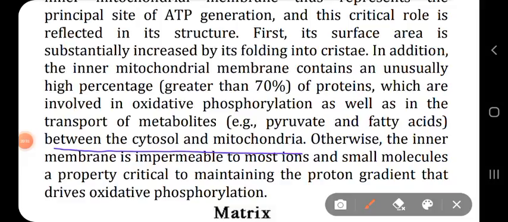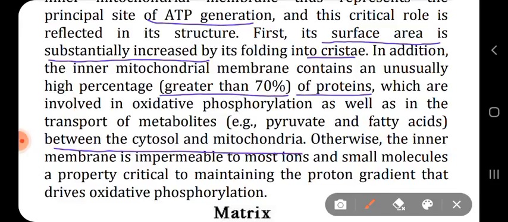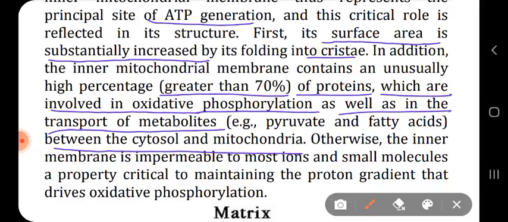So why is the inner mitochondrial membrane the site of ATP generation? First, its surface area is quite large because of the cristae. Secondly, more than 70% of the proteins involved in oxidative phosphorylation, as well as the transport of metabolites, that is pyruvate and fatty acid, from the cytosol to mitochondria, are inner mitochondrial membrane proteins, right?